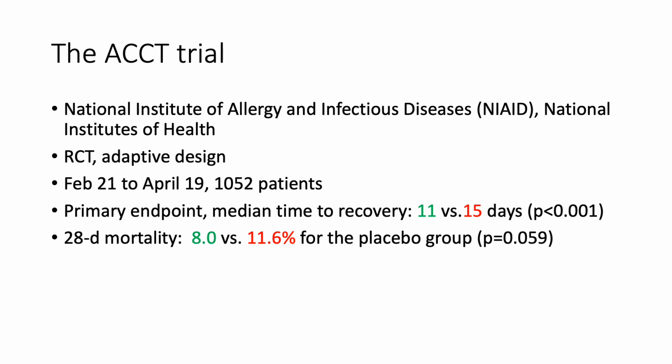This was statistically significant with a p-value of 0.001. They also looked at the 28-day mortality. The 28-day mortality was also lower with Remdesivir, although not statistically significant. The mortality was 8% with Remdesivir compared to 11.6% in the placebo arm.